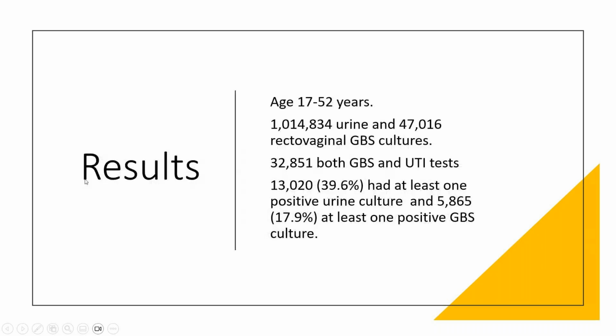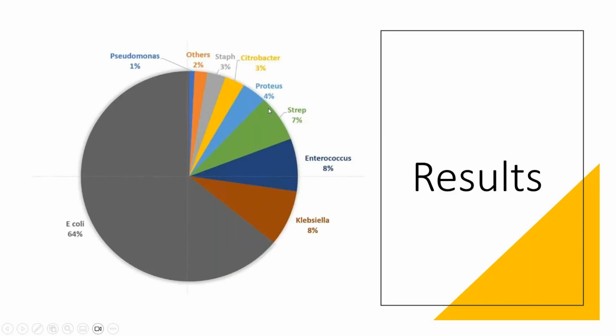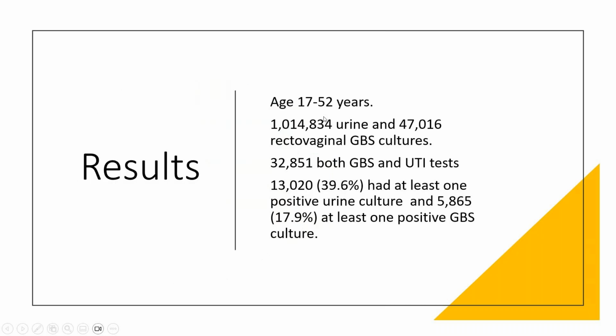As for the results, we included women who were pregnant between the ages of 17 and 52 years. We had over 1 million results of urine cultures and 47,000 GBS cultures. All in all, we had 32,000 women who had both GBS and UTI tests.